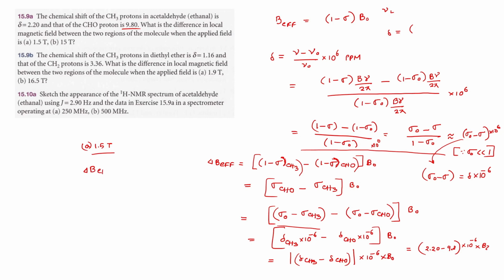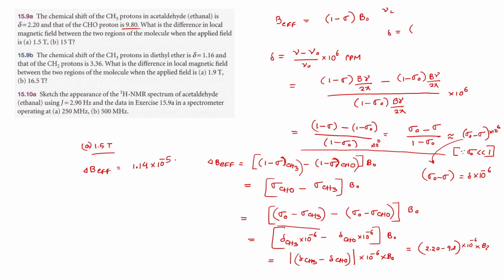Delta B effective is actually going to be, I will write it, 2.20 minus 9.8 into 10 to the power minus 6 into 1.5, which is actually very small. That gives 1.14 into 10 to the power minus 5.